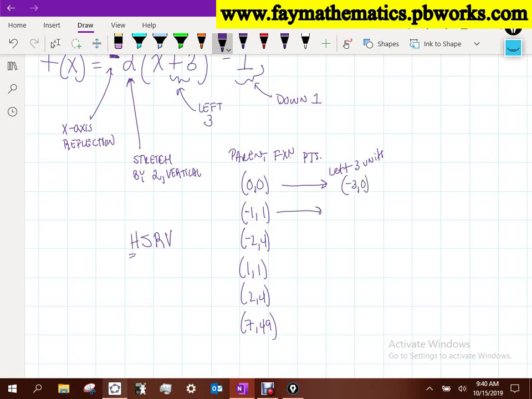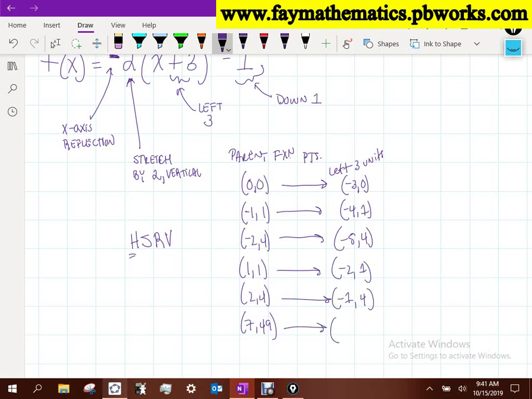What is this point going to become? Negative 4, 1. So, here's my question. What are you really doing? When you move these left, you're doing what to the x's? Subtracting 3. So this becomes negative 5, 4. This becomes negative 2, 1. This becomes negative 1, 4.